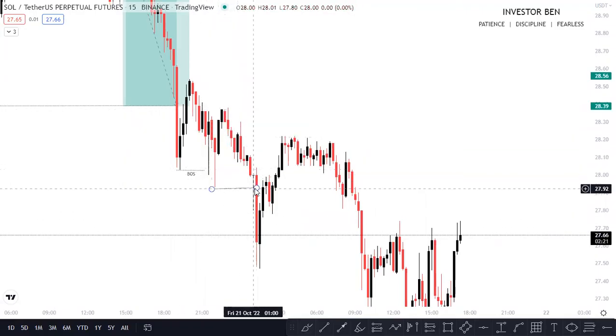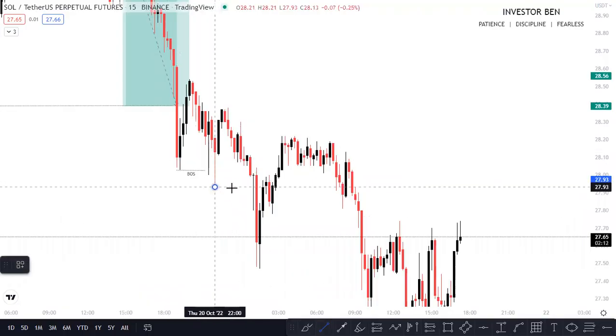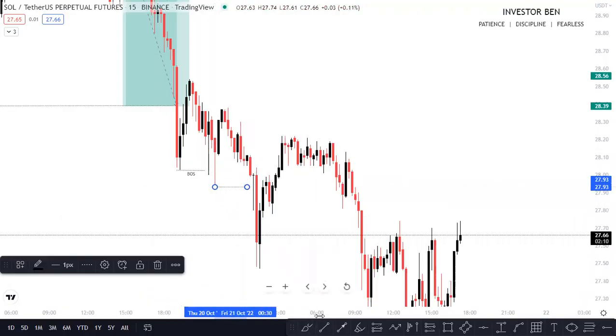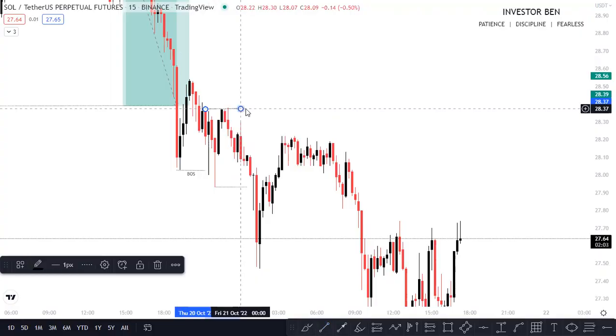I was looking at this minor structure that price cleared liquidity from, right? This structure here, price took out liquidity from all of these highs. I sniped them, right?